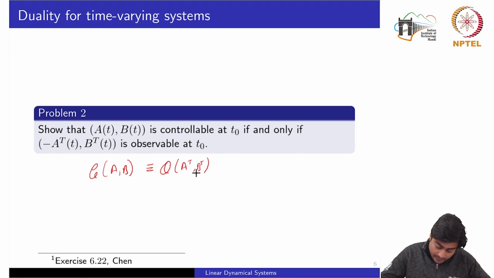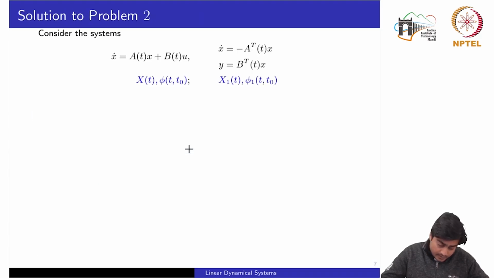But here we have a slight change. Here we have the negative sign, so we need to investigate whether we can have some duality for the time varying case. To solve this problem, we consider two systems. The first system is x dot is equal to A(t)x plus B(t)u. Another system is where we have replaced the A matrix by minus A transpose, and the output matrix we are taking as B transpose.